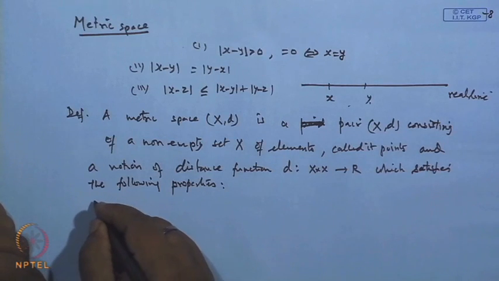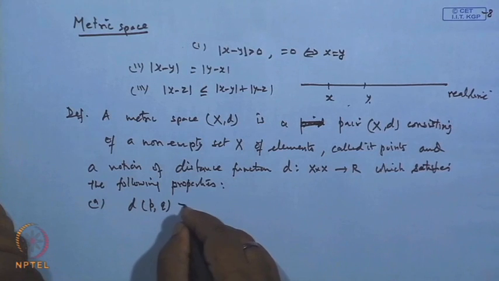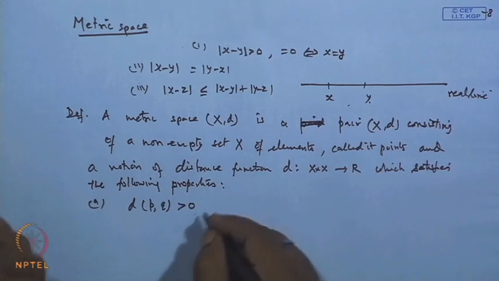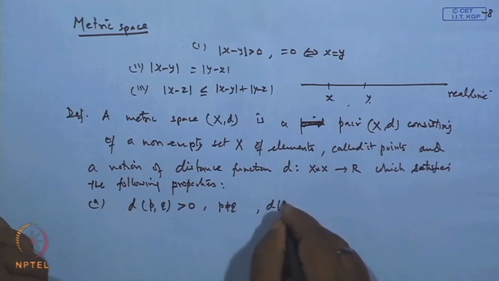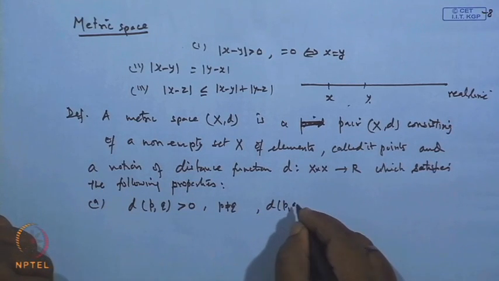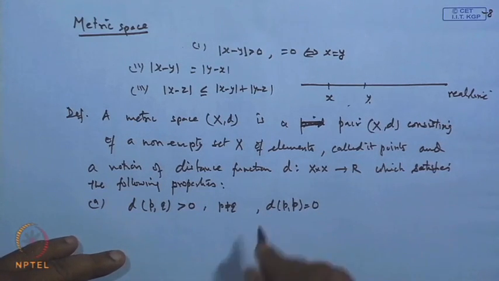The first property: the distance between the two points d(P, Q) is greater than 0 if P is different from Q, and the distance d(P, P) is 0. In fact, the other way around also, vice versa.